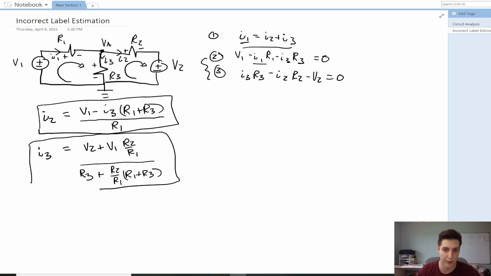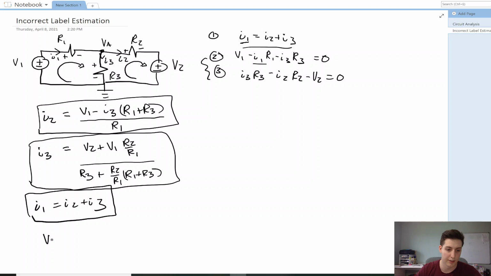And then we can solve for I1 equals I2 plus I3. And then we can say VA is equal to I3 times R3. So the exact same way.